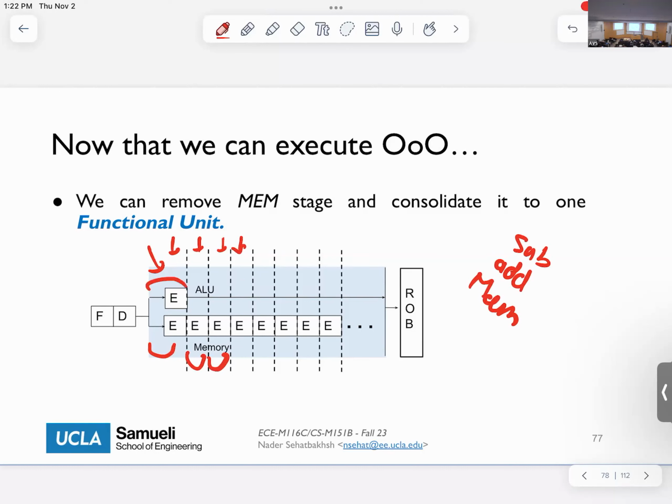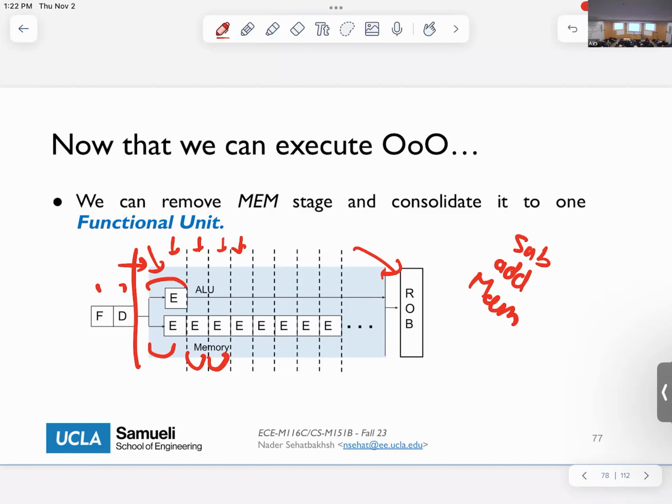So for example, this can finish in 1 cycle, the regular thing that we had before, but your memory might take multiple cycles. And once they finish, they're going to update the ROB, because this is when the instruction is complete, right? So basically, I'm going to fetch the code and put it in the reservation station. From the reservation station, I have multiple lanes, let's say 2 lanes, 3 lanes, 4 lanes, however many lanes I might have.